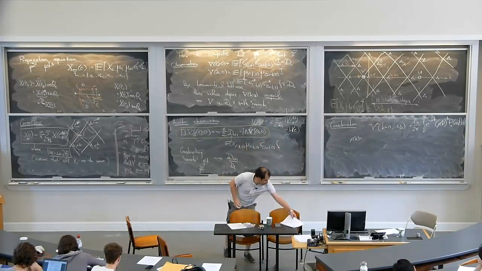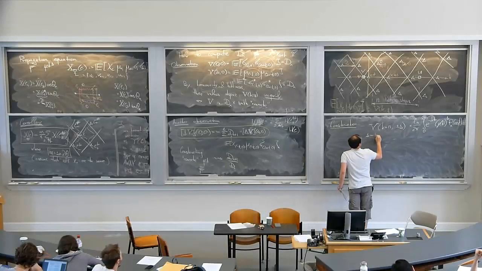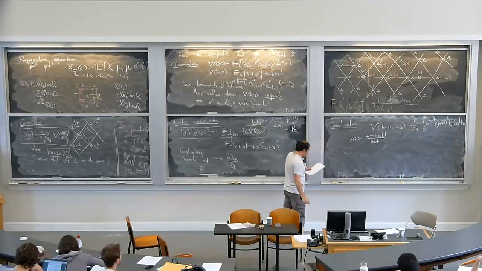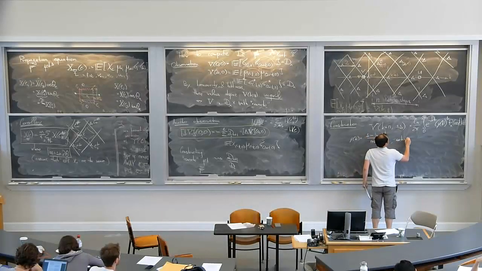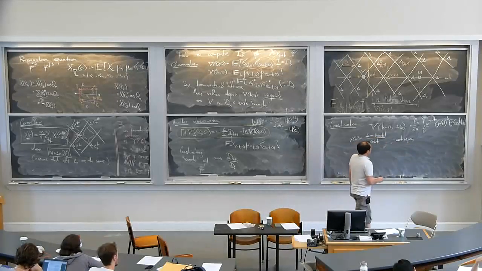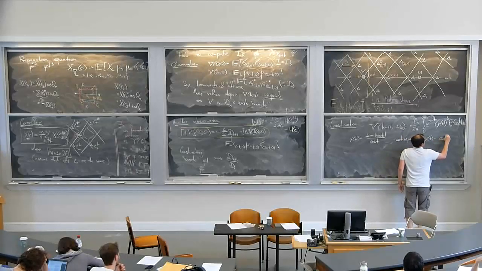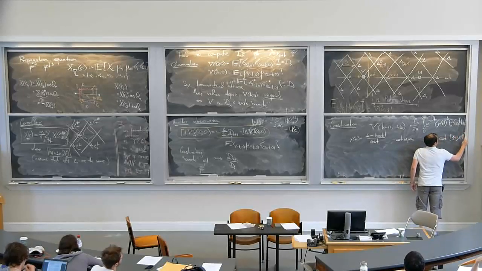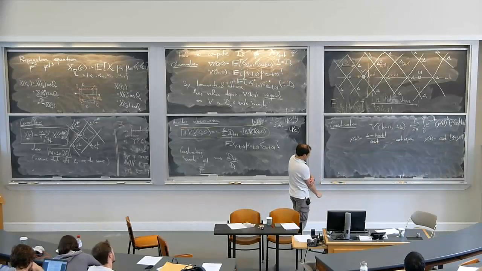Something very concrete is this expression. But what is most important in the whole story is that this is a solution to the following identity: y is cosine t, 1 plus y squared, 1/2 somewhere.